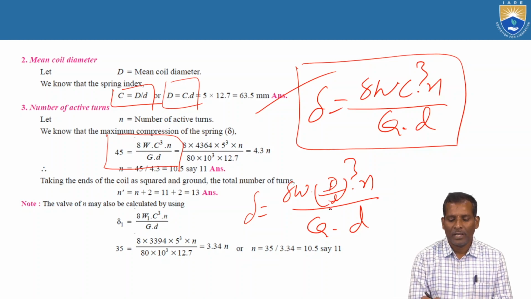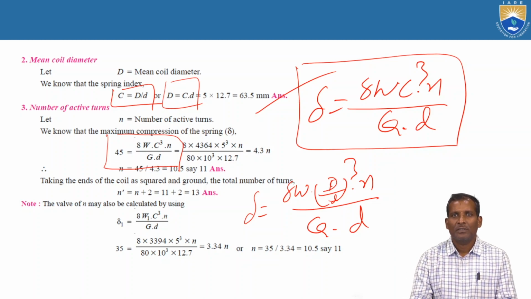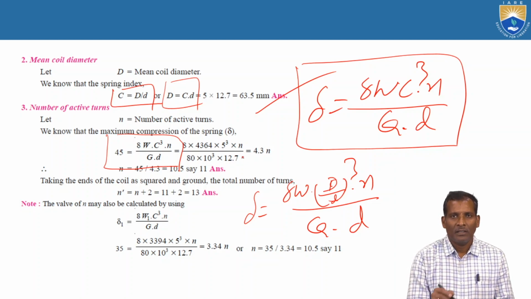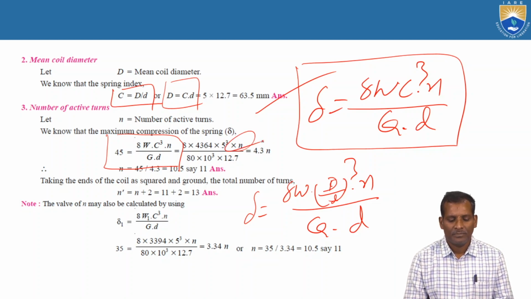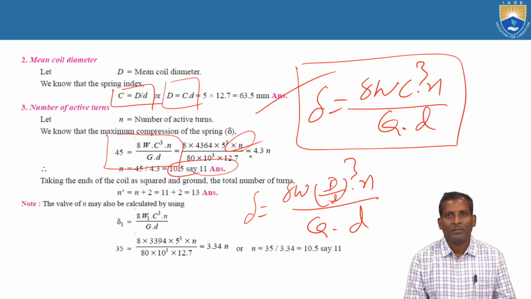So again, no need to calculate D by d every time, because we already have this spring index value C. So directly substitute. Here the unknown is n, the number of active turns. So find out n. You got 11. Actually 10.5, you can say 11 turns.